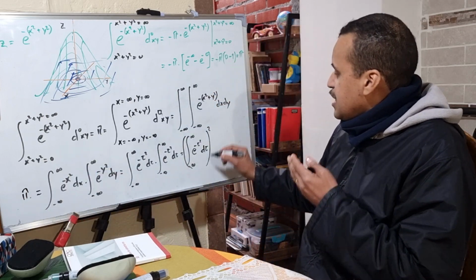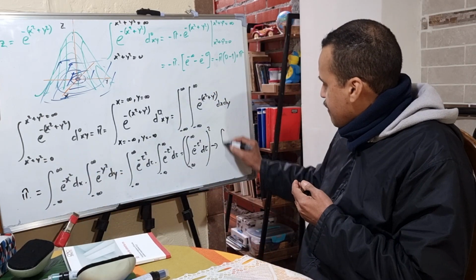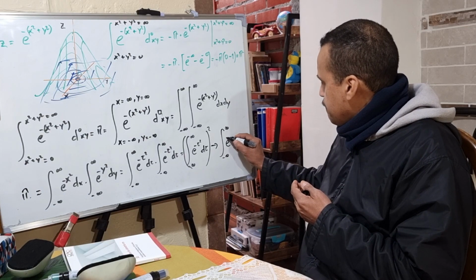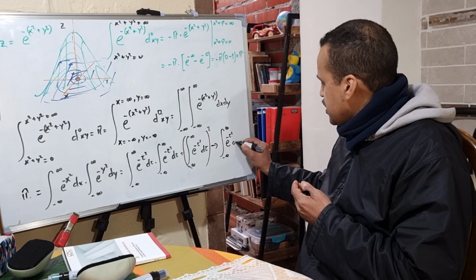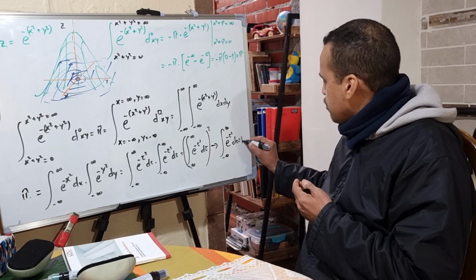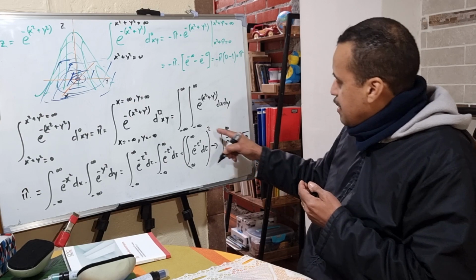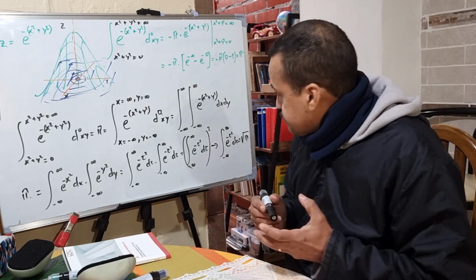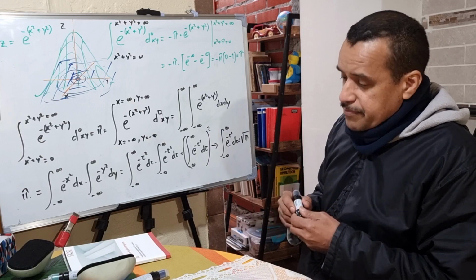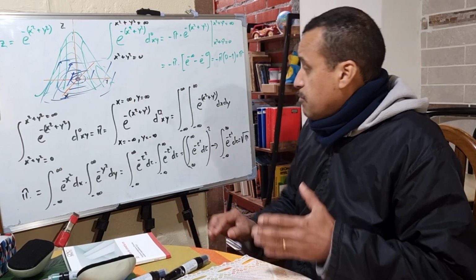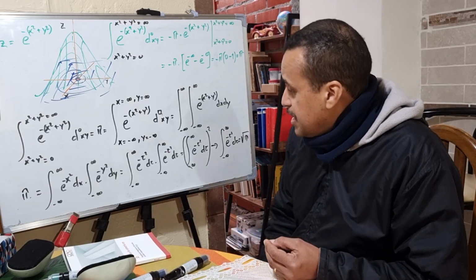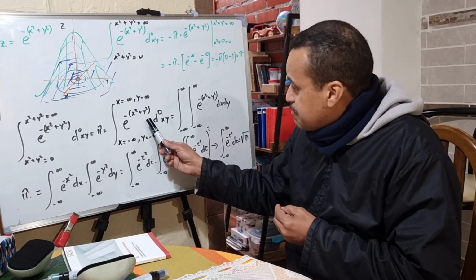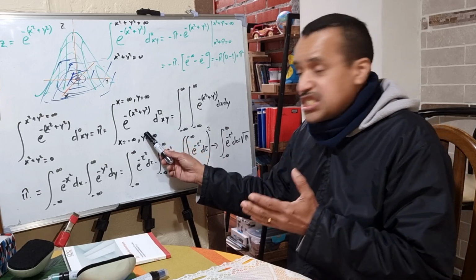For the integral from minus infinite to plus infinite of e to minus t squared dt is equal to the square root of pi, passing the power 2 as a square root. And what is important here? What matters here is that this primitive does not exist.